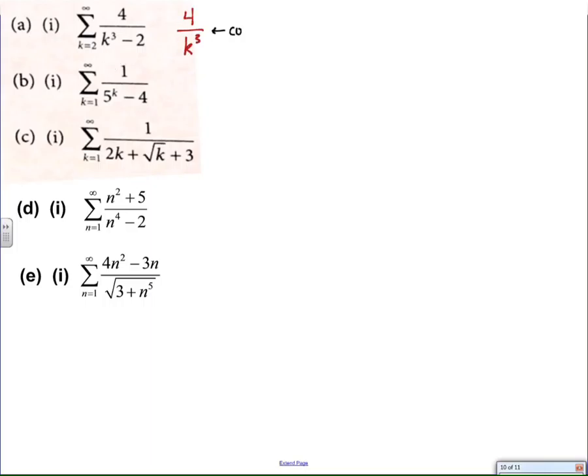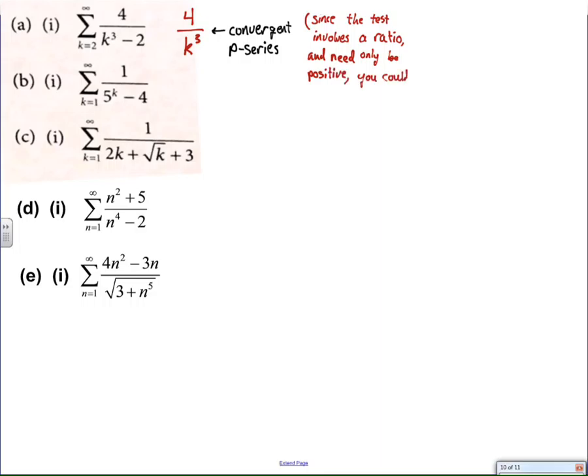I will produce a ratio comparing these two, because I know that 4 over k cubed is a convergent p-series. We explored that one earlier, and I'll explore it in more detail when we get to a later video. But since this test involves a ratio, we only need a positive number for our limit. So you could just use 1 over k to the third instead of 4 over k to the third, and you'll still be able to arrive at the same conclusion.